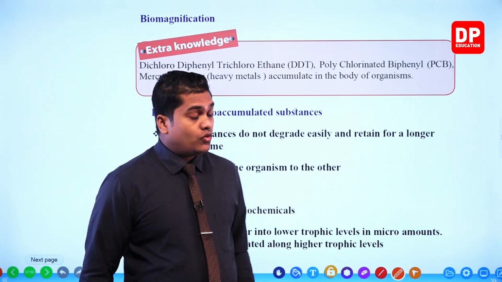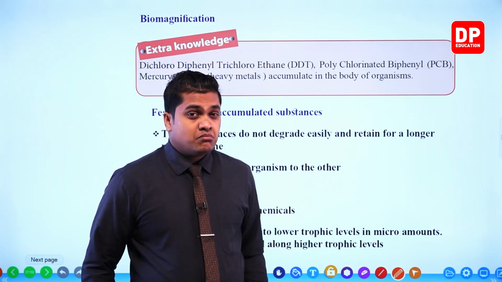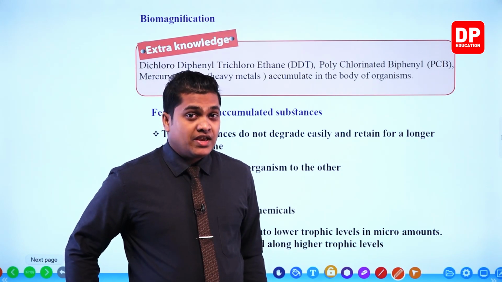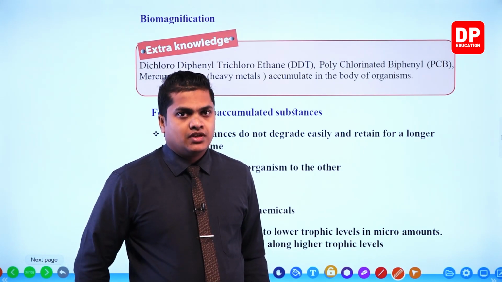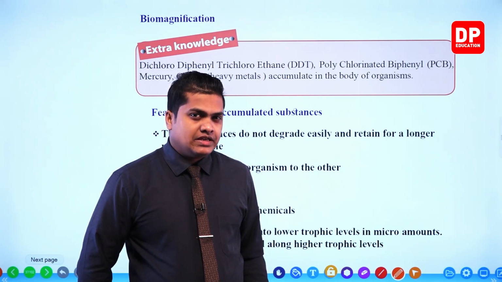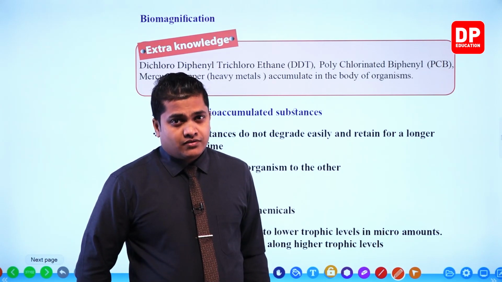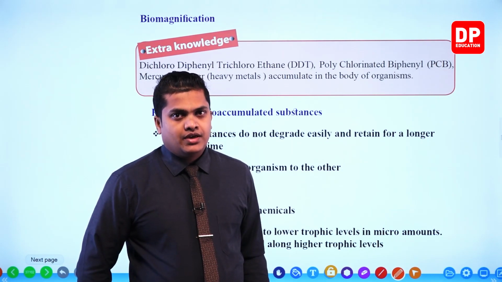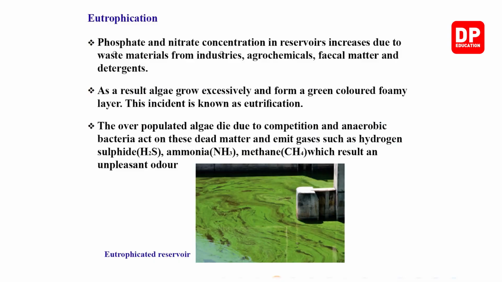All of these particles are available in our livers even today, my dear children. That is why most people at present are suffering from different kinds of kidney diseases, liver failures, and even cancers. Okay, right then.